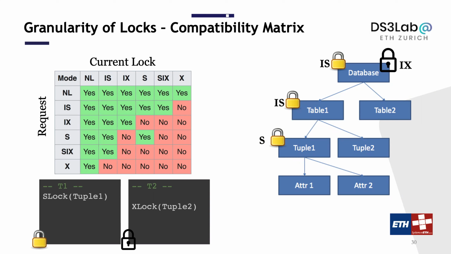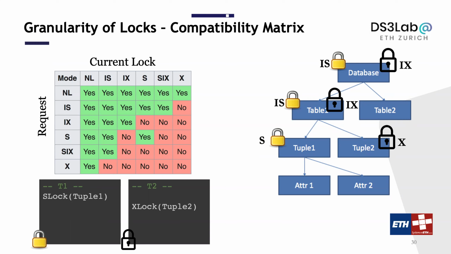Then transaction 2 goes down one level to say, I also want an intention exclusive lock on table 1. That is also okay. Then T2 goes down to say, I want an exclusive lock on tuple 2, and that's also okay because transaction 1 is holding a lock on tuple 1, not tuple 2.